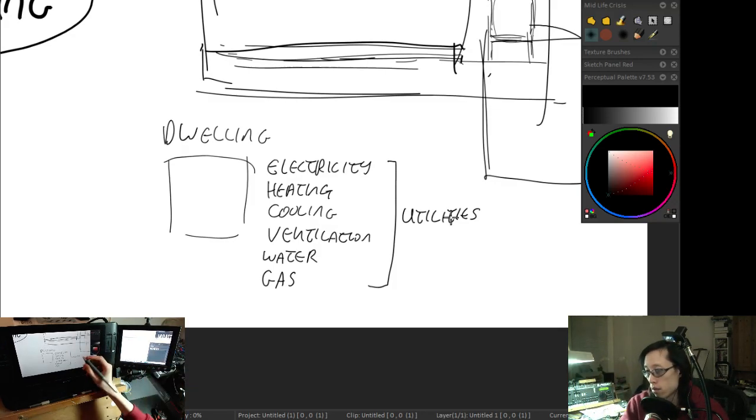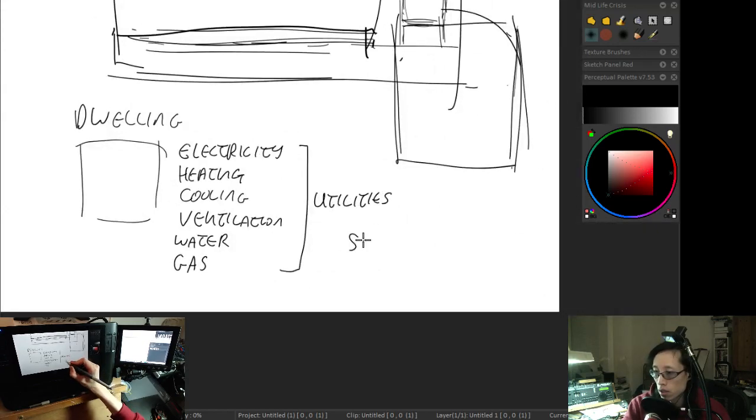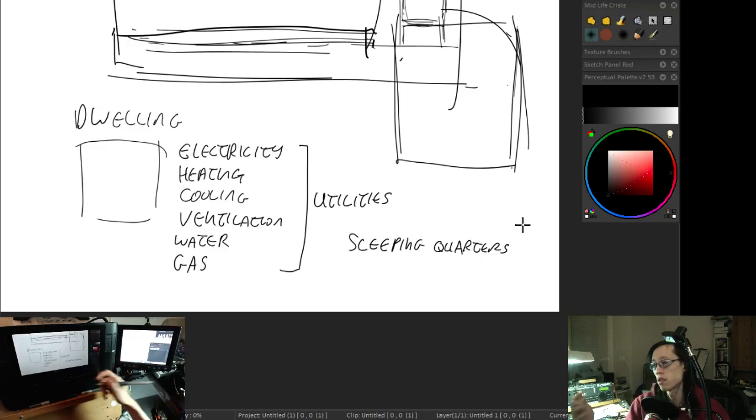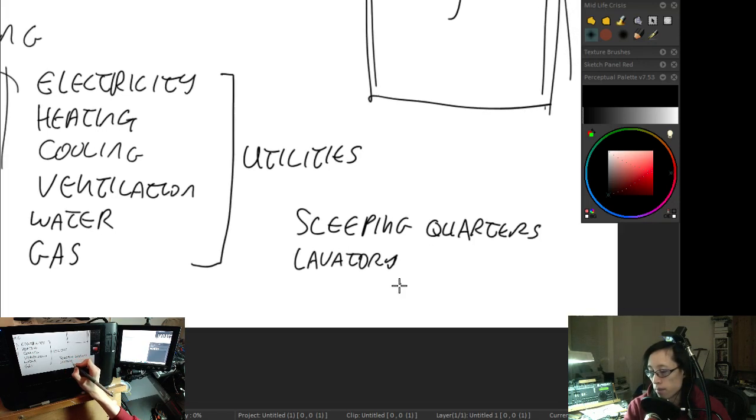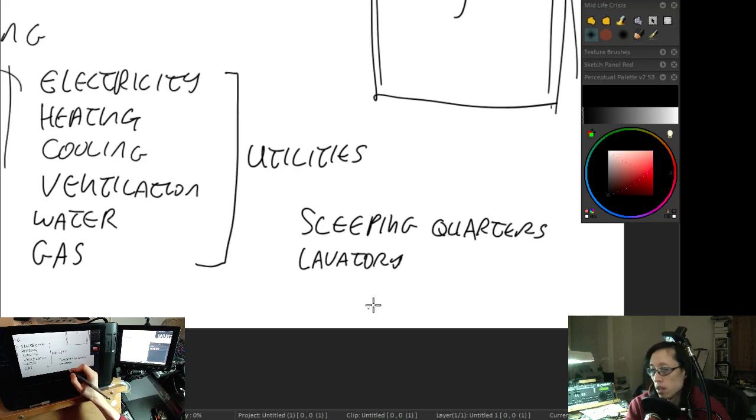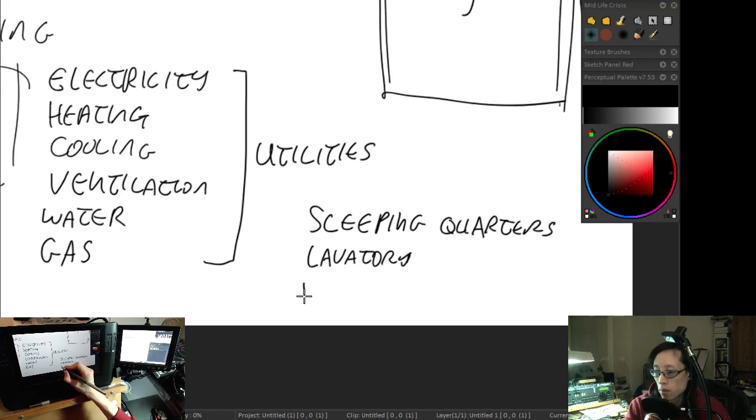A place to sleep. What else? Lavatory. You know, bed, bathroom, bedroom.